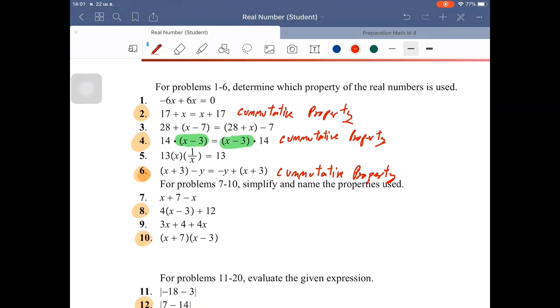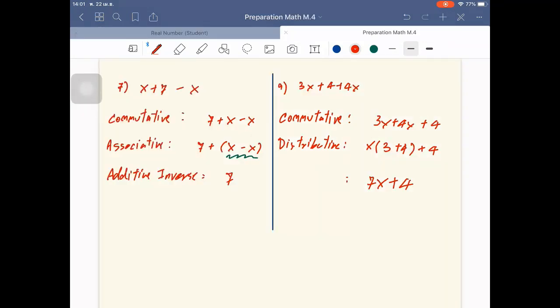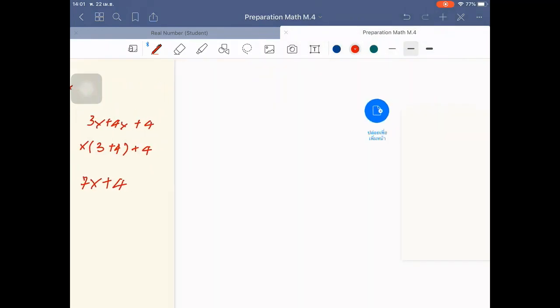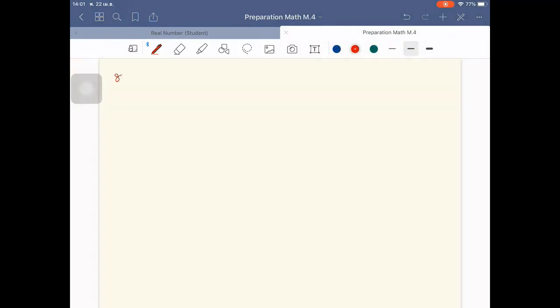Question 8 is quite long, and so is question 10, so I will show it clearly here. Question 8: the expression is 4 times (x minus 3), plus 12.